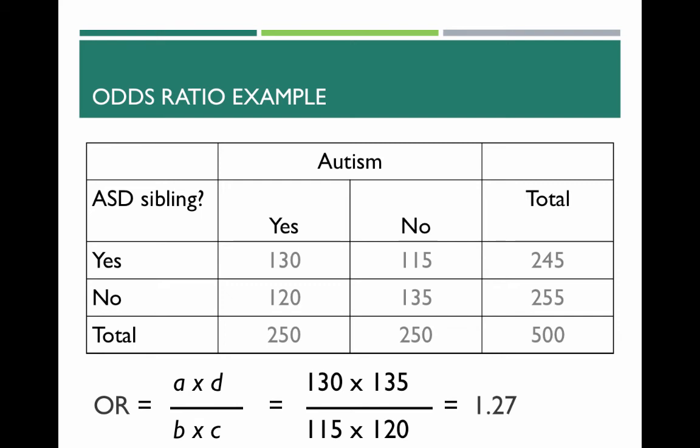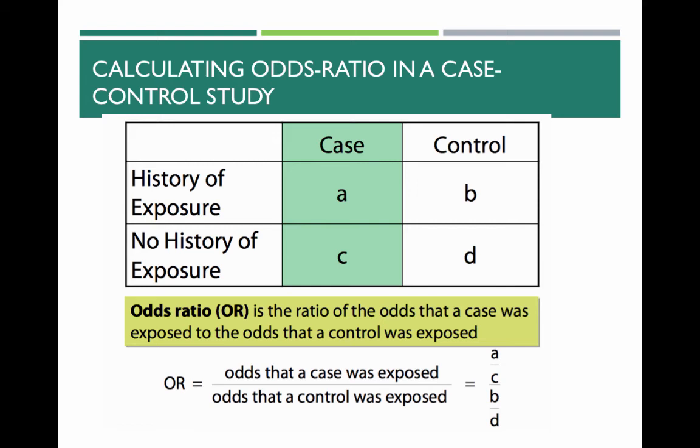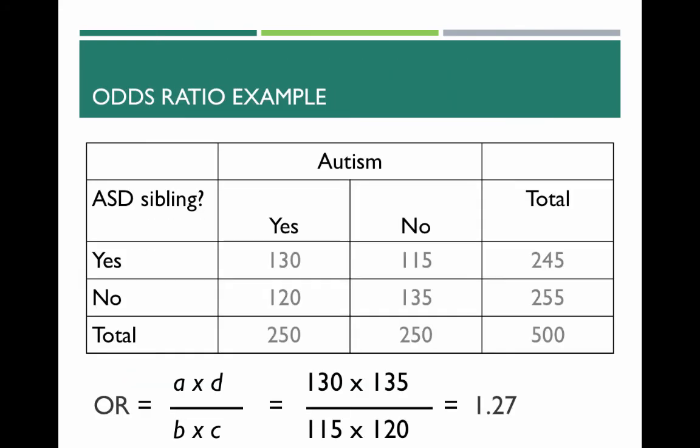And essentially the way we get that is because if we go back to the slide before, you can see that A over C divided by B over D mathematically is the same as A times D over B times C. We have to flip the fractions over if we want to solve this mathematical formula. Okay, so in this case we have 130 times 135 over 115 times 120. That gives us an odds ratio of 1.27.